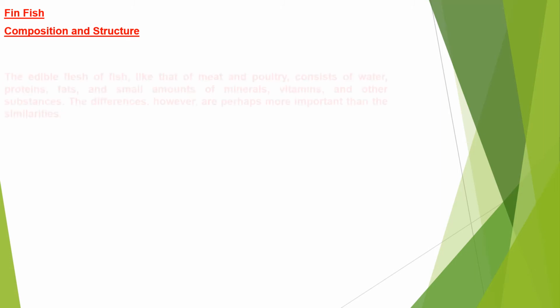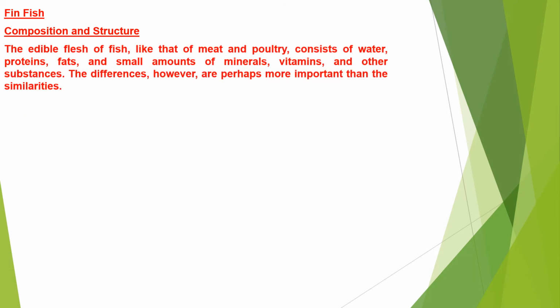All right, so here, what are finfish? For those who are wondering what finfish are. The first topic in finfish is the composition and the structure. The edible flesh of fish, like that of meat and poultry, consists of water, protein, fat, and a small amount of minerals, vitamins, and other substances.